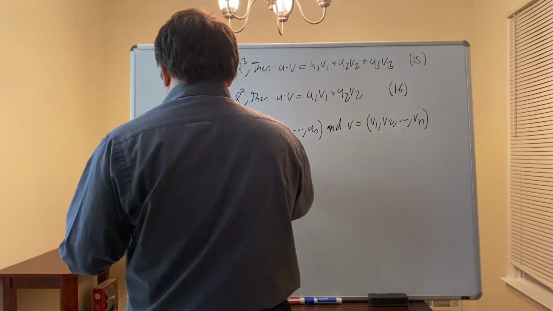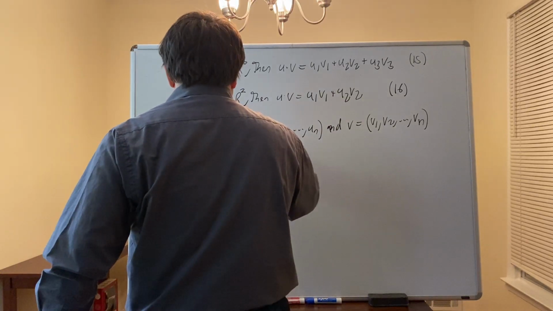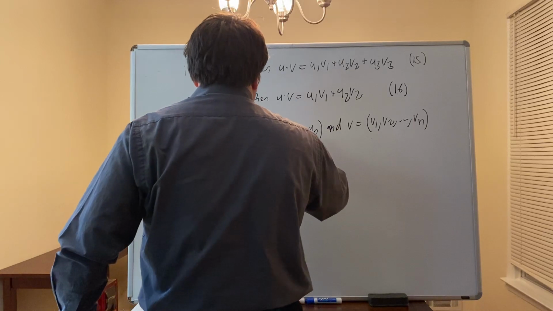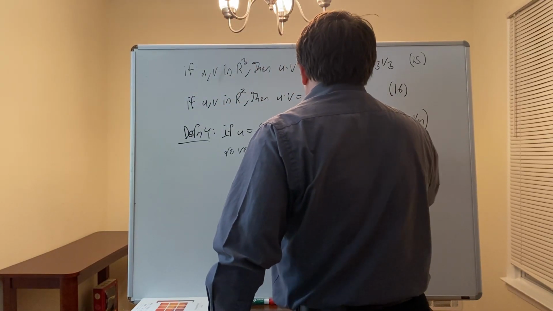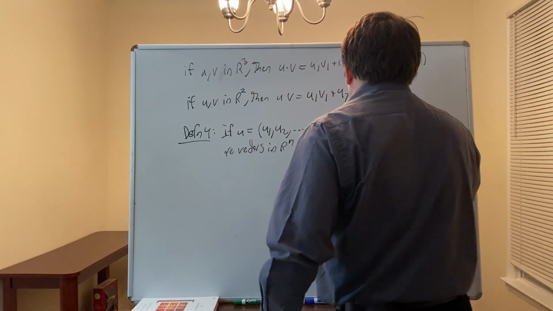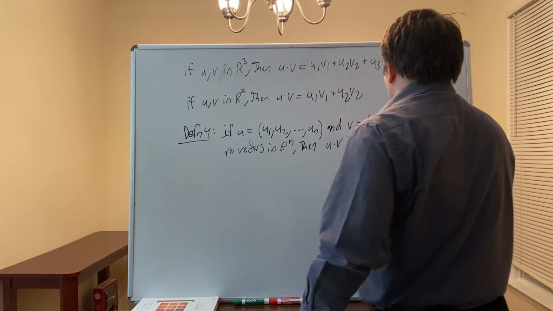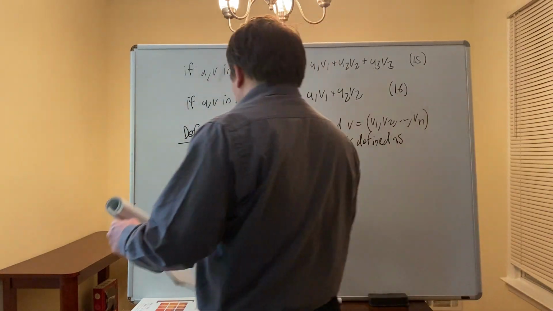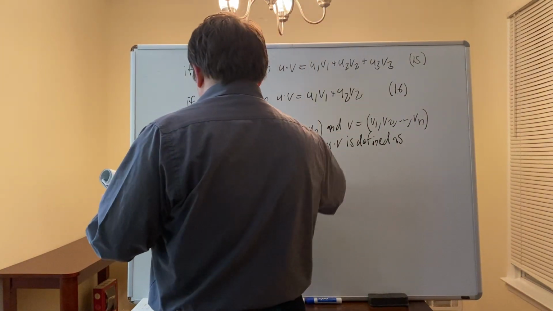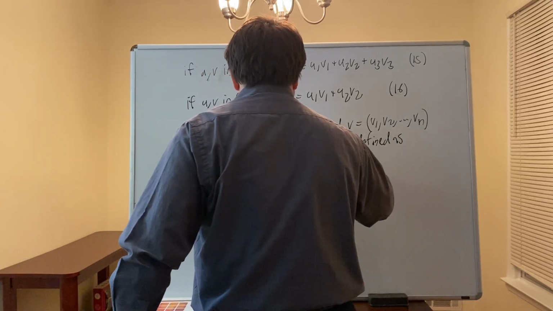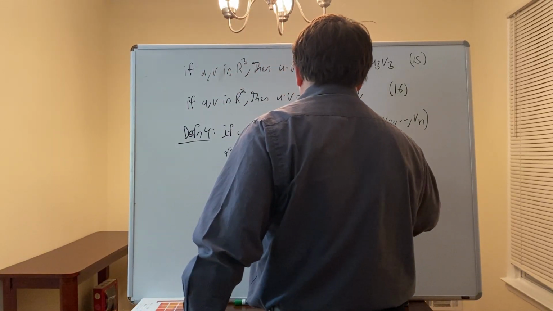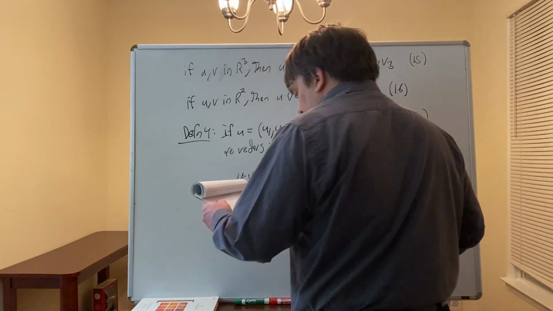If u is that and v is that, are vectors in Rn, then u dot v is defined as u dot v is equal to u1 v1 plus u2 v2 plus dot dot dot plus un vn.